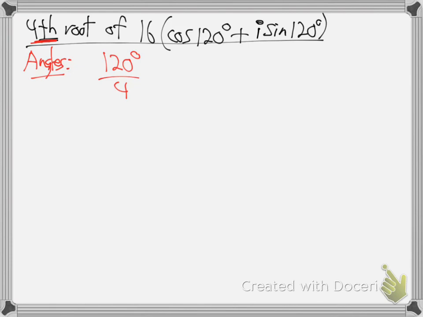But it's not just the 120. Any extra full rotations, that's what the 360K is. So let me just get rid of the K for a minute, and I'll bring the K in a second. Not only 120 divided by 4, but 120 plus a full rotation, because that's still 120. That's still the same place on the unit circle, right?